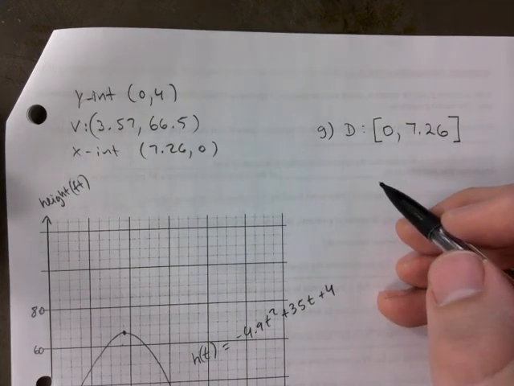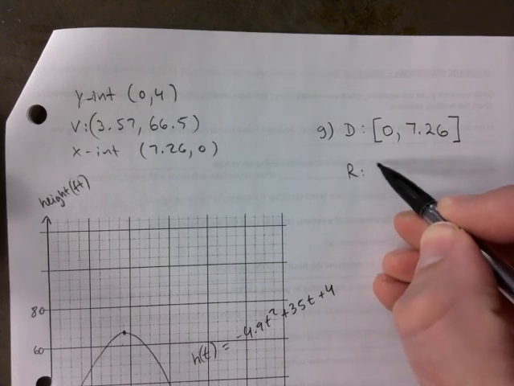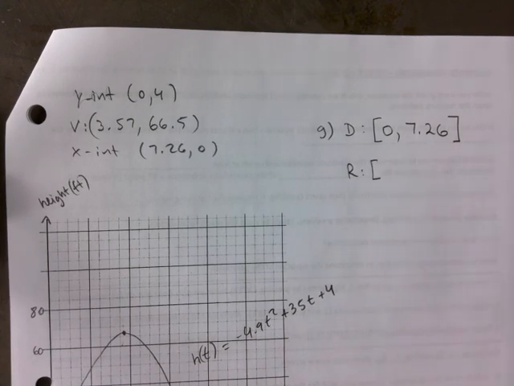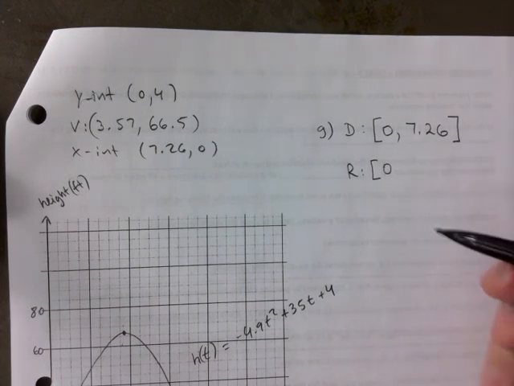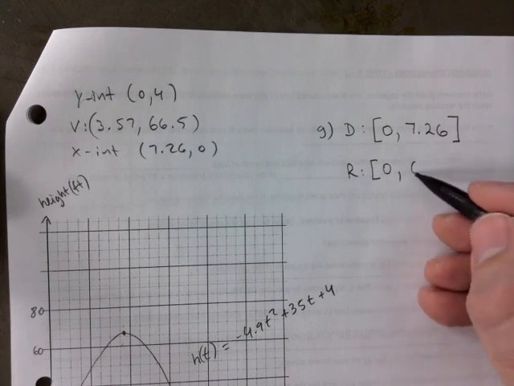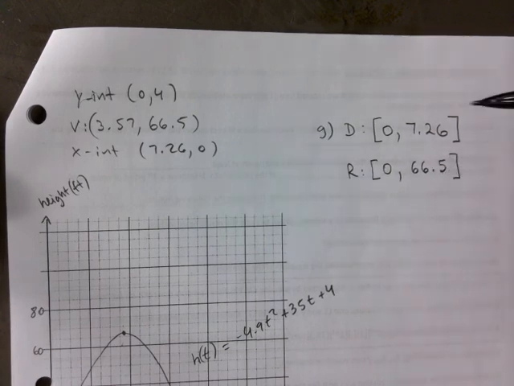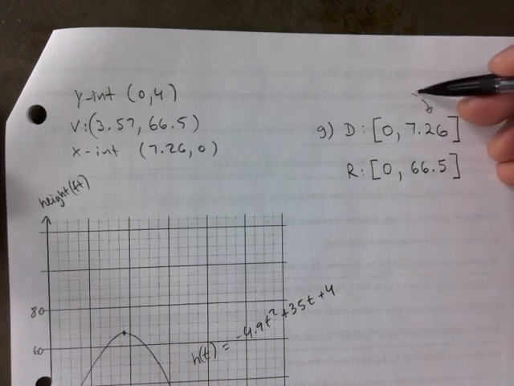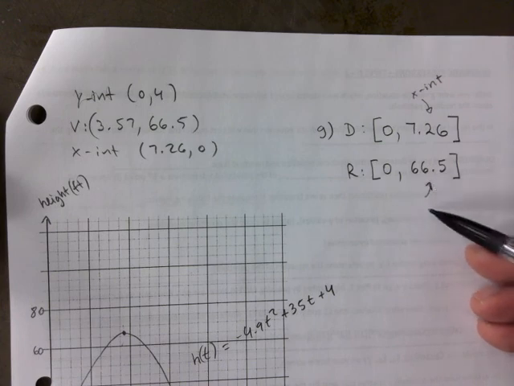By the way, when it's time, it's always starting with 0, okay? Range, it hits the ground, correct? That should give it away that 0 is the lowest it gets, up until the highest point, which is 66.5 feet. This is the x-intercept, and this is the y value of the vertex, right?